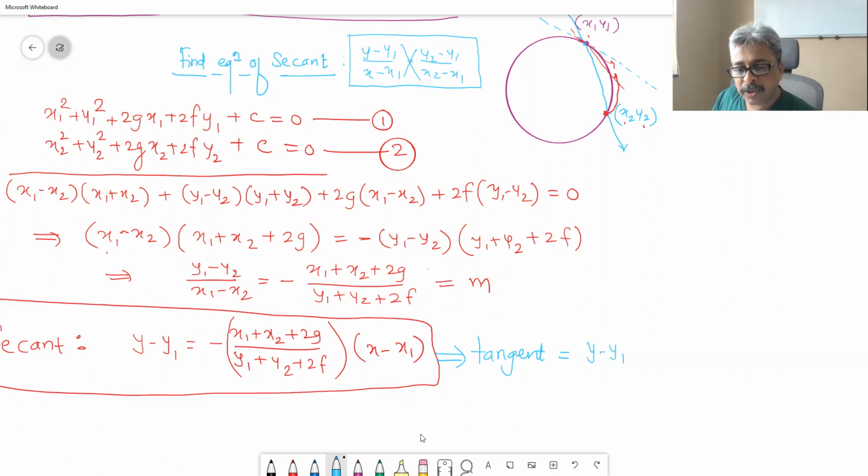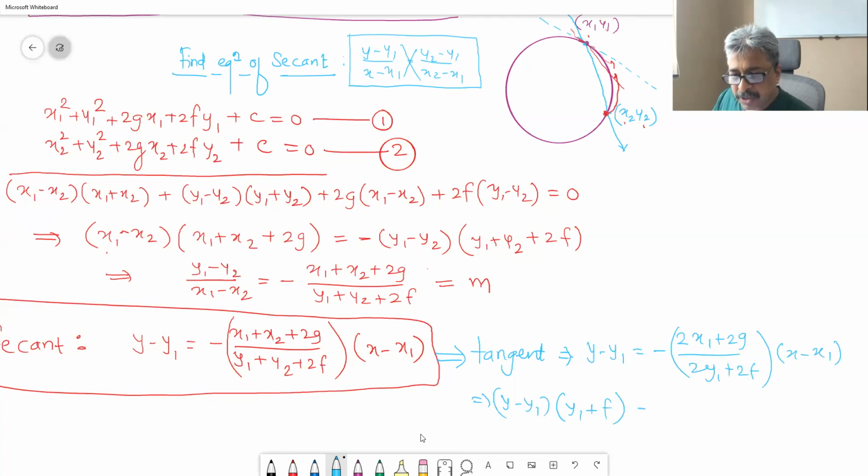So y minus y1 is equal to minus (x2 becomes x1) that is (2x1 plus 2g) upon (2y1 plus 2f) into x minus x1, which gives (y minus y1) into (y1 plus f) is equal to minus (x1 plus g) times (x minus x1), which is equal to y1 plus yf minus y1 square.